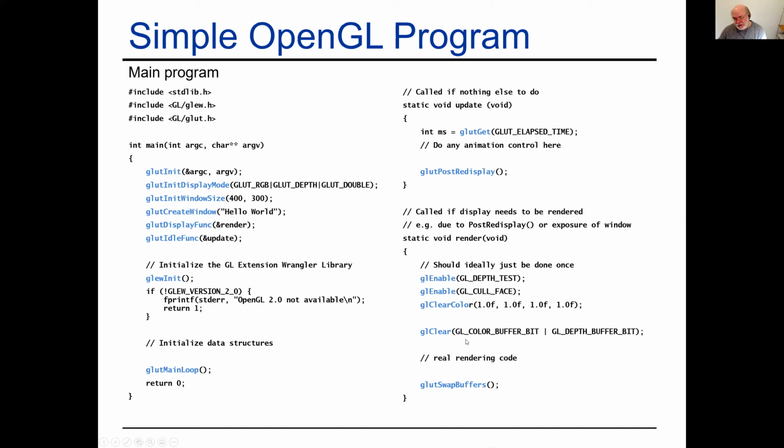When we're done with rendering, we have to switch the buffer that so far has been displayed with the new buffer that we've just rendered into. And so the next time we render, we again render into the other buffer, and the one that we just created will now be displayed. So this is the general structure.